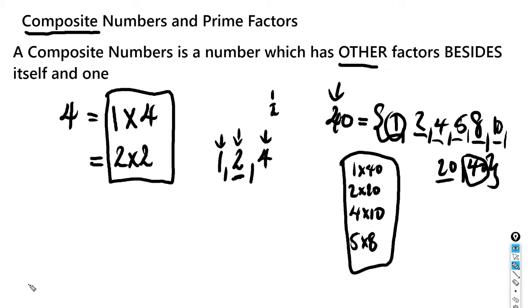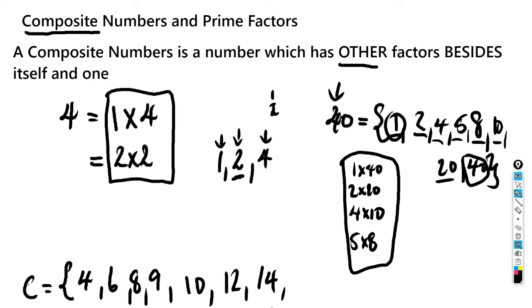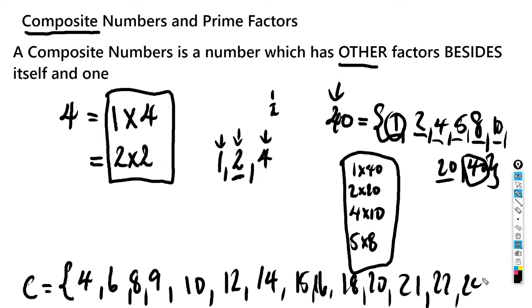So let's make a list of composite numbers here. We start off with 4, 6, 8, 9, 10, 12, 14, 15, 16, 18, 20, 21, 22, 24, 25, and so on.